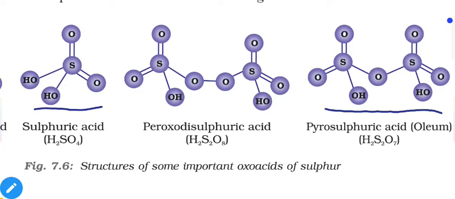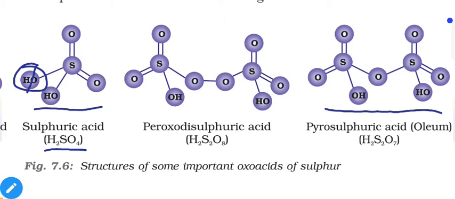The main difference is, when we have two H2SO4 molecules, simply remove hydrogen from one sulfuric acid and a whole OH group from the second sulfuric acid, and you will get oleum or pyrosulfuric acid.